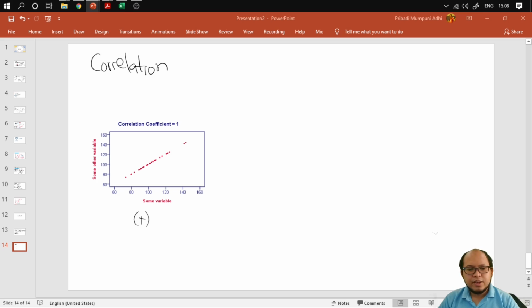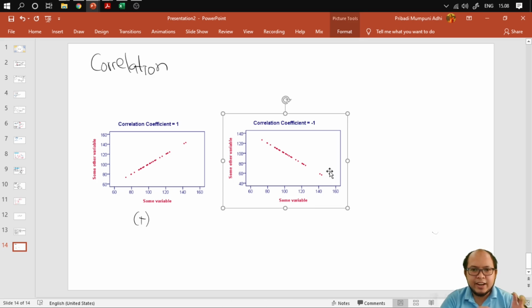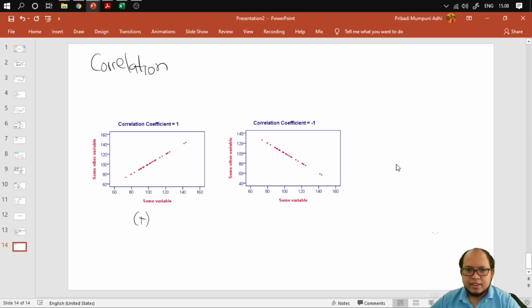Now, if we have the negative correlation, this negative correlation is the opposite of the positive correlation. So for example, in this figure, we can see that the increase of x will make the decrease of y.